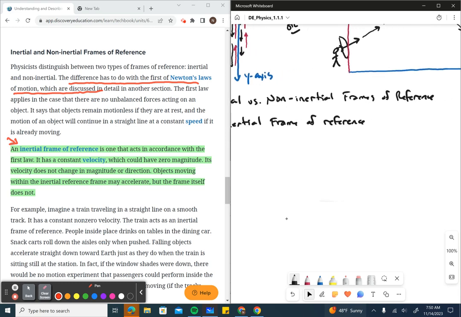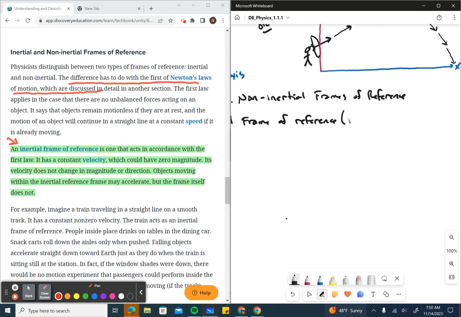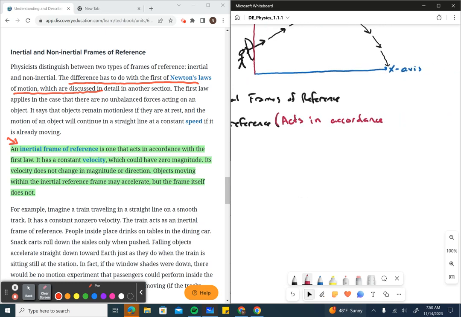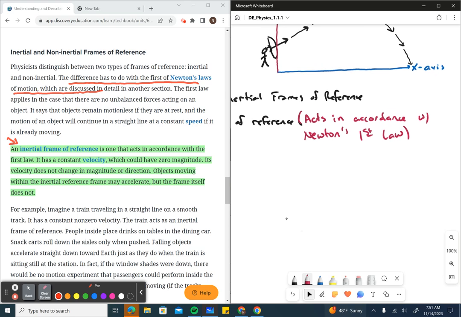We want to say this one acts in accordance with Newton's first law. Again, objects in motion tend to stay in motion. Objects at rest tend to stay at rest unless a force acts on it.